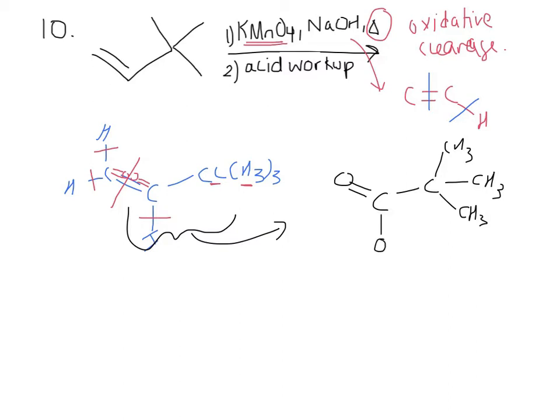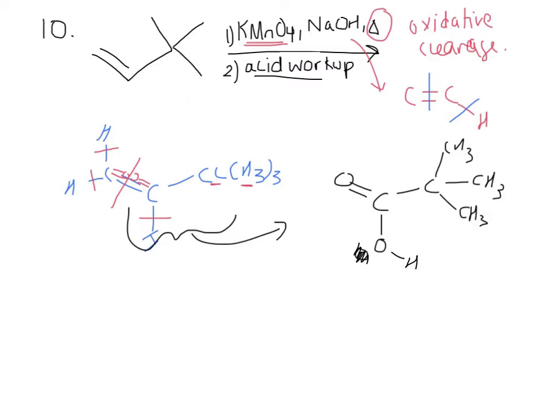So that's going to be replaced with an oxygen, and technically in the first step that would have been an O-, because I was still under basic conditions at the start, but that's why we have the acid workup. The acid workup causes this to switch, and it'll no longer be negatively charged. It'd instead be an OH. So that would be the product on the right-hand side.